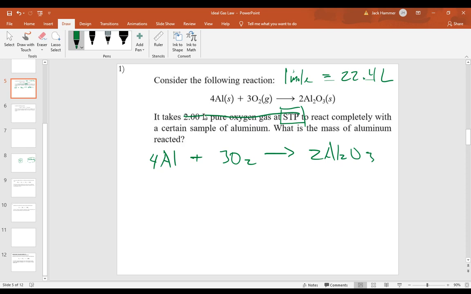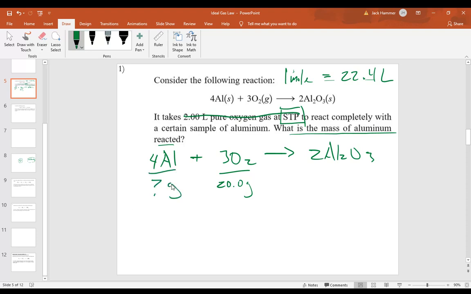Okay, so instead of 2 liters of oxygen, let's say that they gave you 20 grams. And the question is, what is the mass of aluminum that would be reacted if you reacted 20 grams of oxygen? You may not even need this, but I'll just offer this.